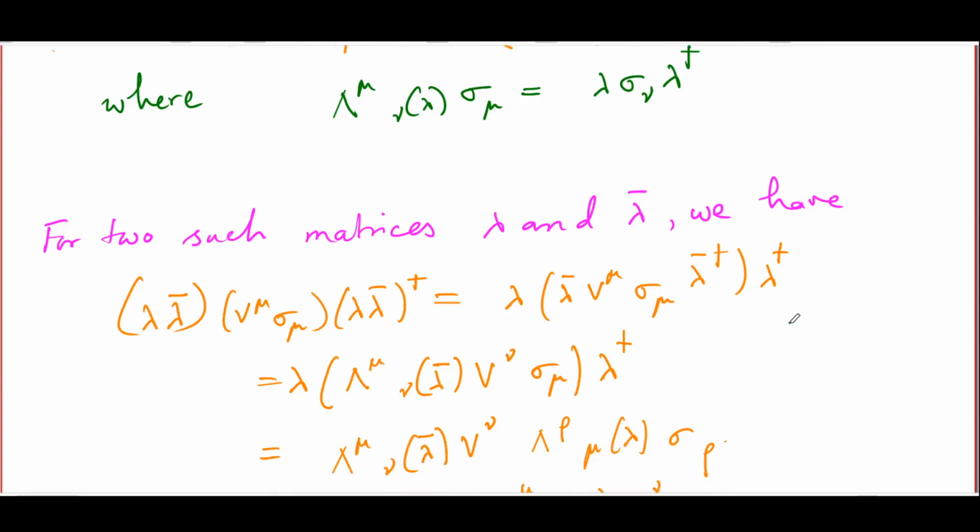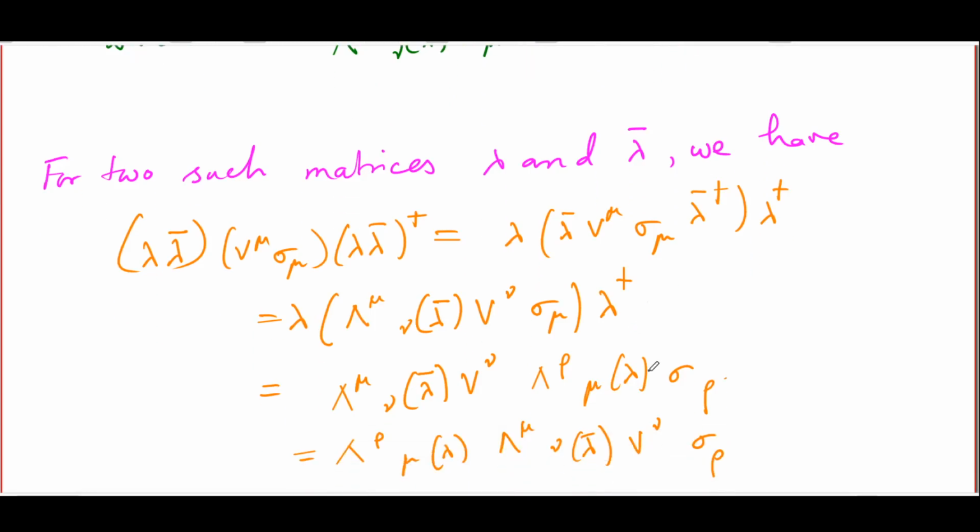Now, we already know that this particular condition is going to give you lambda mu nu lambda bar v nu sigma mu. That's the inner bracket. But we have to do a lambda dagger on this, and that, remember, acts basically only on the sigma mu because these are just numbers.